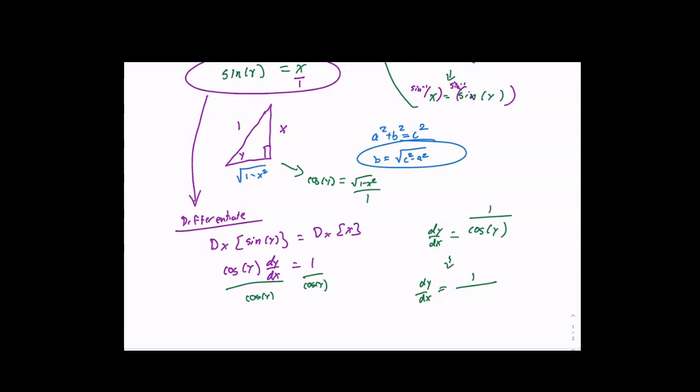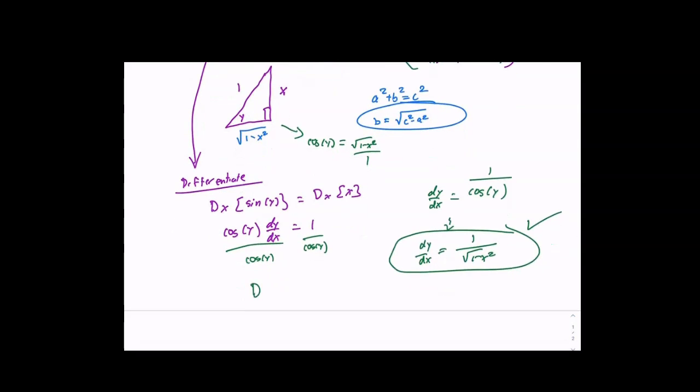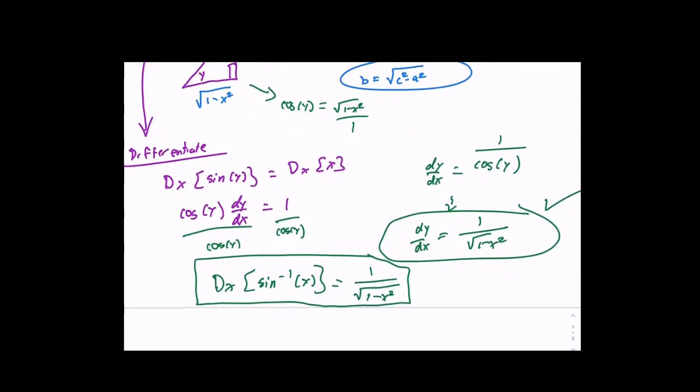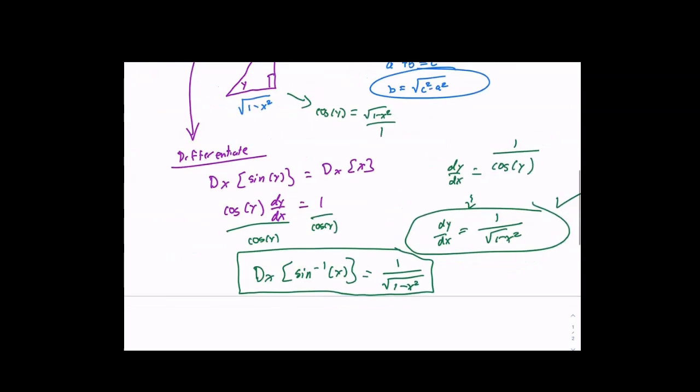So dy dx would be 1 over square root 1 minus x squared. And that's our answer. The derivative of the inverse sine of x is equal to 1 over the square root of 1 minus x squared. That is the rule.